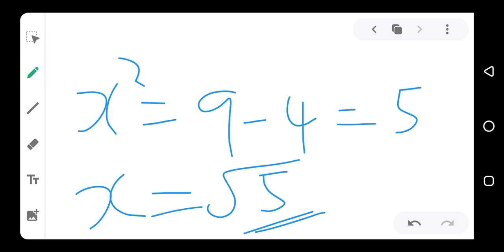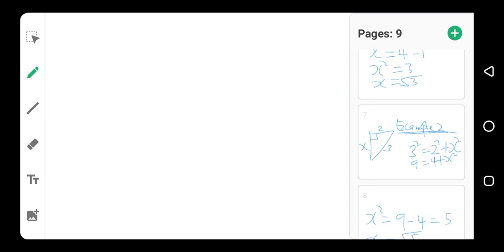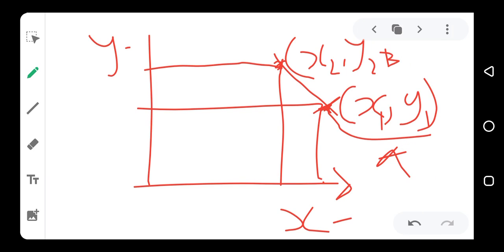Now let's see the distance between 2 points. For 2 points, like we have here, this junction here in this coordinate forms a perpendicular line, since it is a pure vertical line meeting a pure horizontal line.